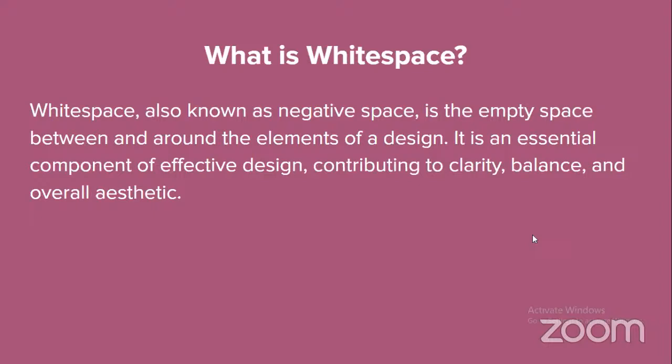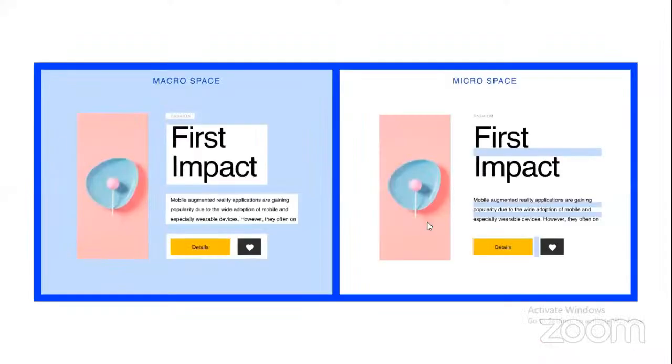So Whitespace, sorry for that. Whitespace is also known as negative space, and is the empty space around the elements. Let me use this illustration to show what white space means.